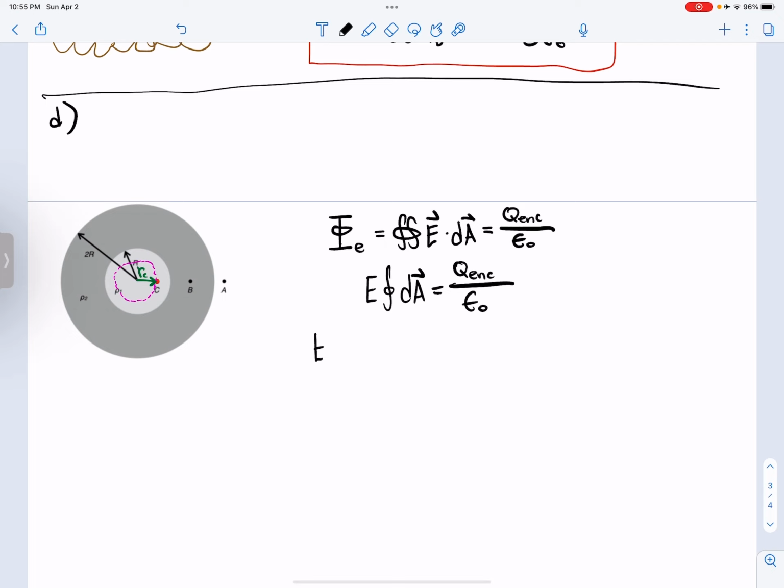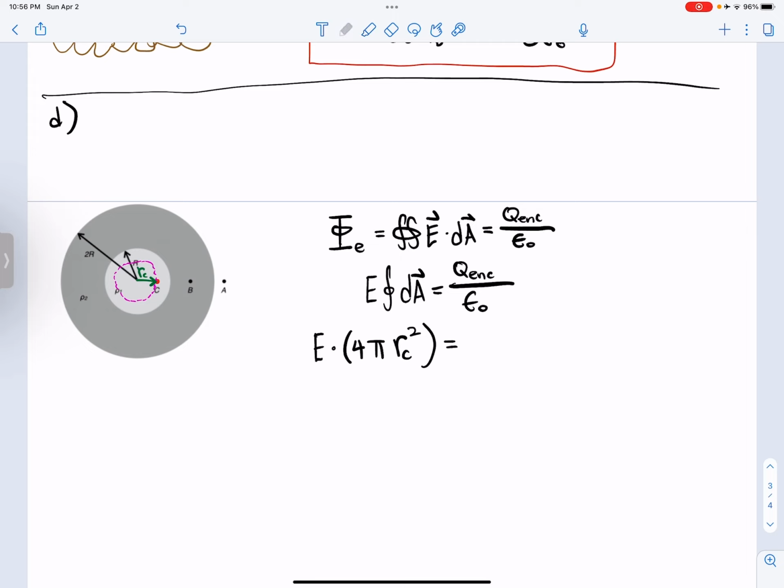So that becomes E times my Gaussian surface area, which is going to be the surface area of a sphere, which is 4 pi r squared. But what is my radius? My radius of my Gaussian surface is this RC, right? It's that radius of this pink sphere, RC. So that's going to be 4 pi RC squared is equal to Q enclosed over epsilon naught.